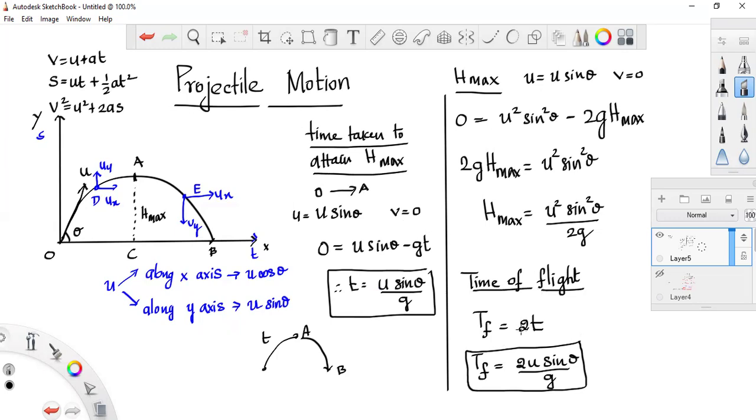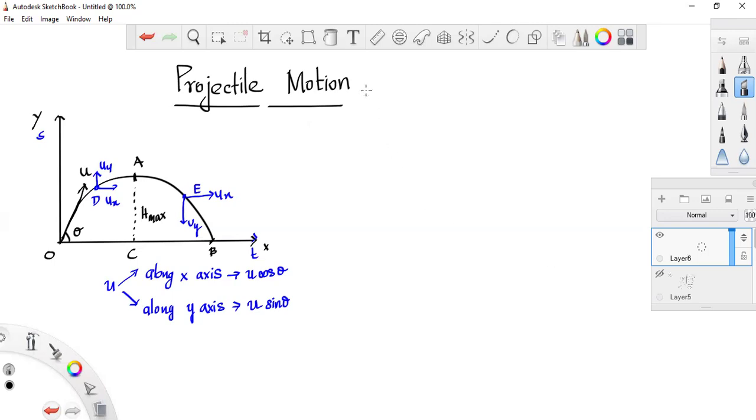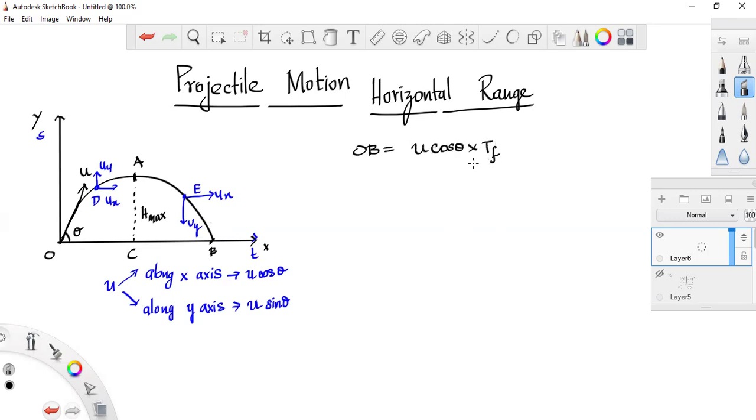We have one more, which we call the range. We're going to find the value of OB, the horizontal range. So range is the total distance OB. I can say that it is the horizontal velocity u cos theta into the time of flight.